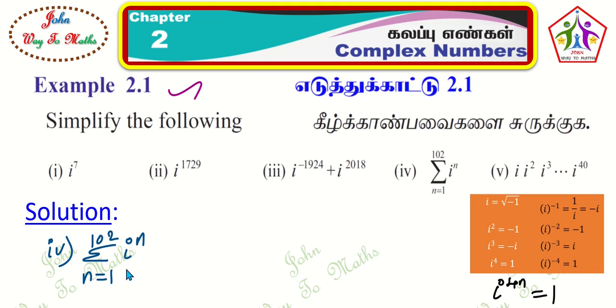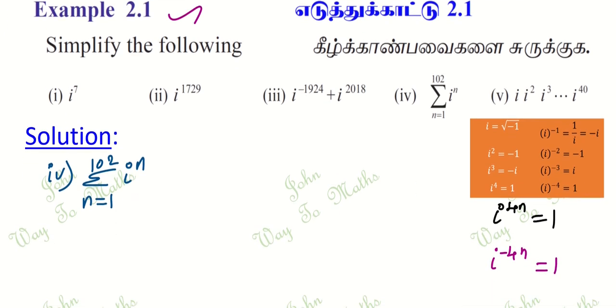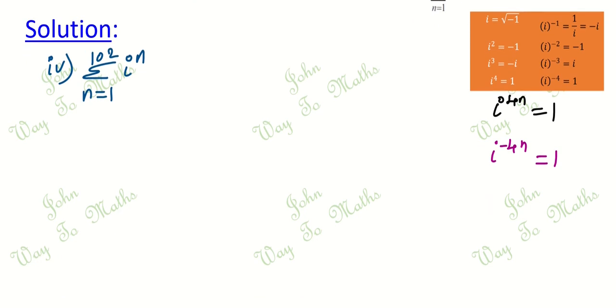Fourth subdivision becomes summation of i power n, n varies from 1 to 102. Here I am going to introduce another concept: summation of i power n, n varies from 1 to 4. So it becomes i power 1 plus i power 2 plus i power 3 plus i power 4.